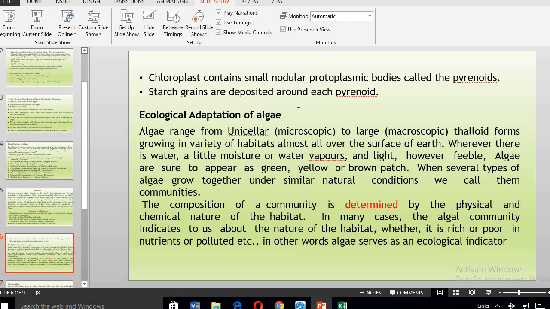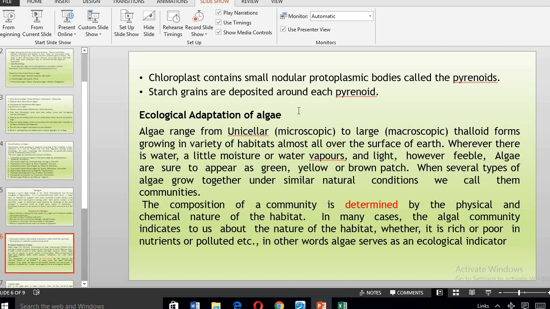When several types of algae grow together under similar natural conditions, we refer to them as a community of algae. The composition of a community is determined by the physical and chemical nature of the habitat that the algae is occupying.